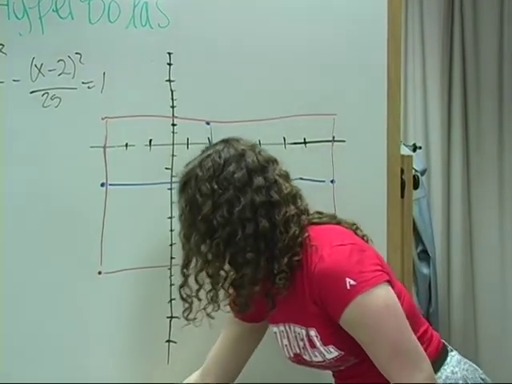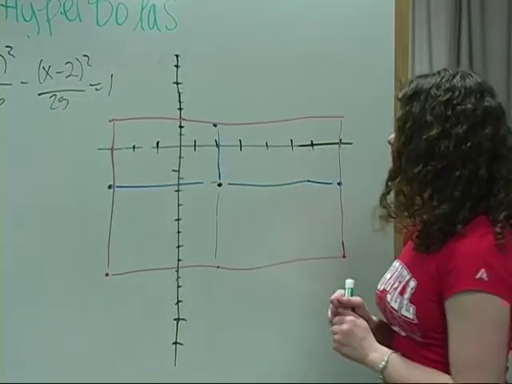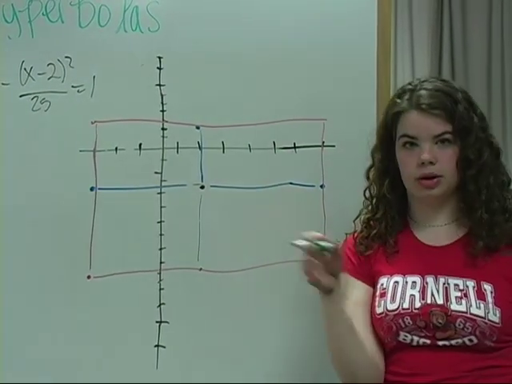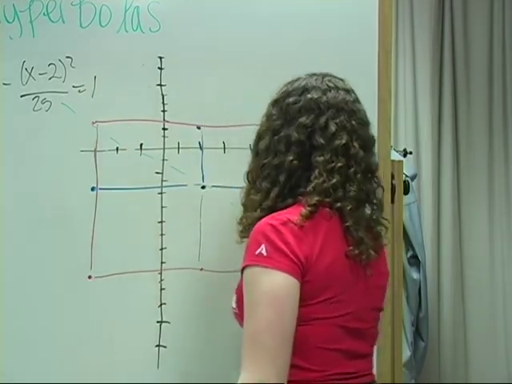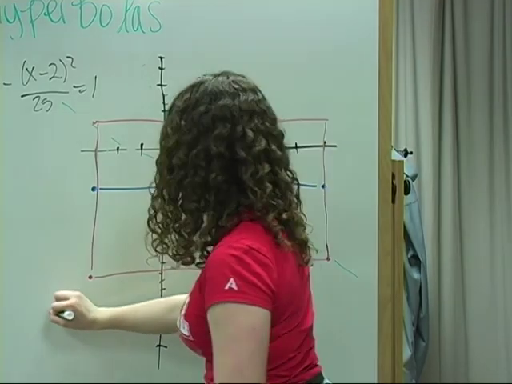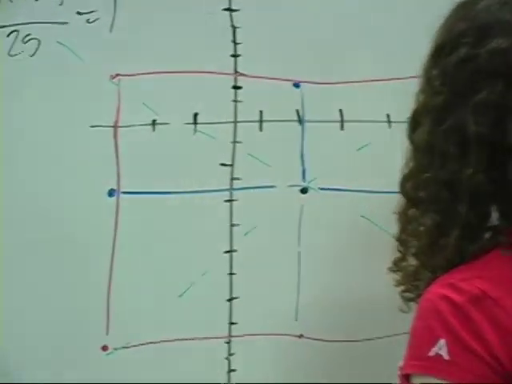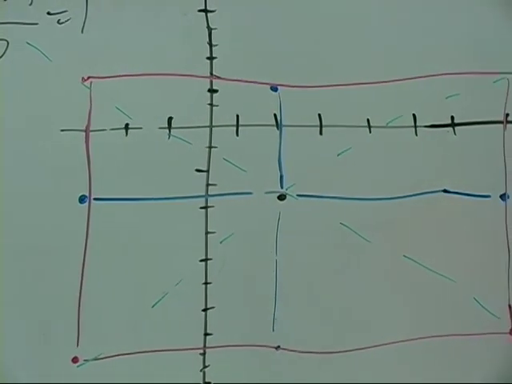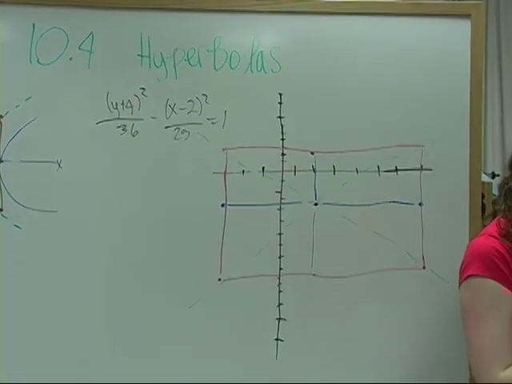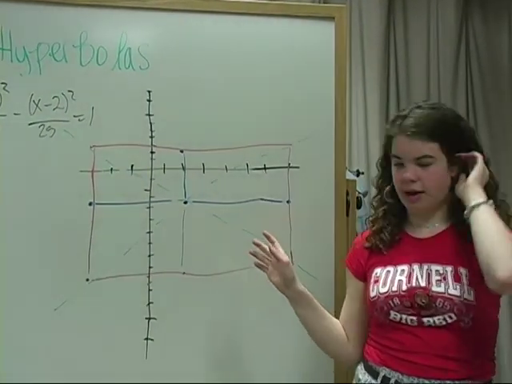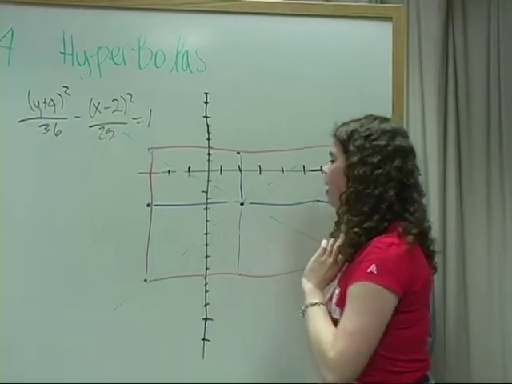So, now we draw in our asymptotes. And this is going to show you where you're going to put your hyperbola. So, asymptote 1, asymptote 2. Now that we've drawn that in, we're going to have to figure out where on the graph our hyperbola is going to lie.